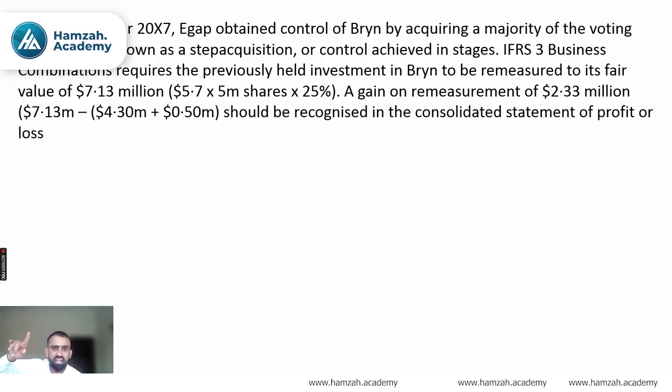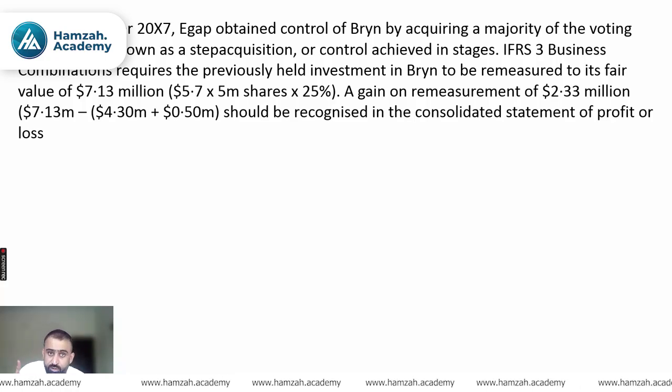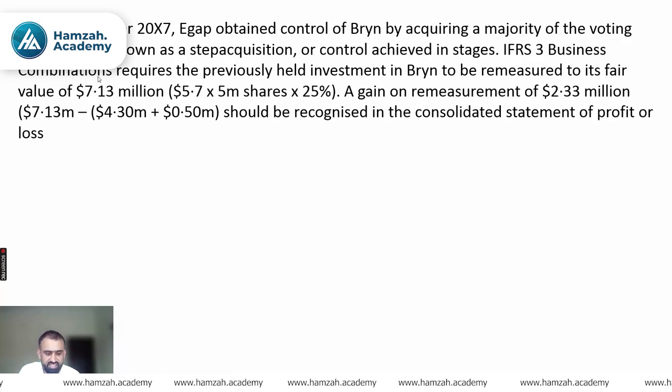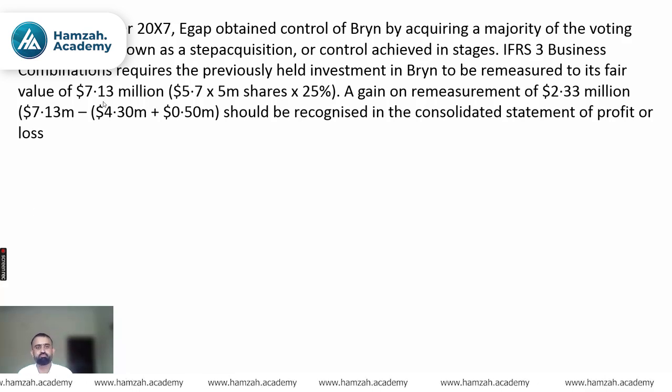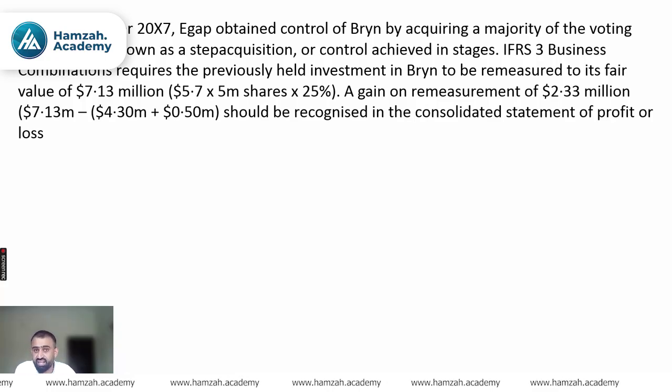So 5.7 into 5 million into 25%, the fair value of the investment at the date of acquisition is 7.13 million. And the carrying value of the associate was 4.8 million. So we will take it at 7.13 million at the date of acquisition.